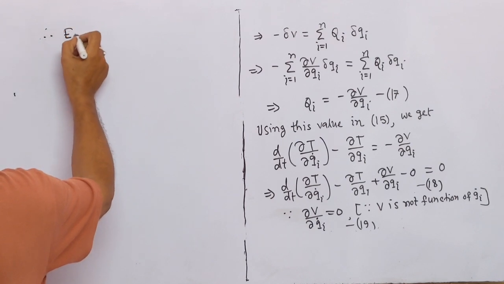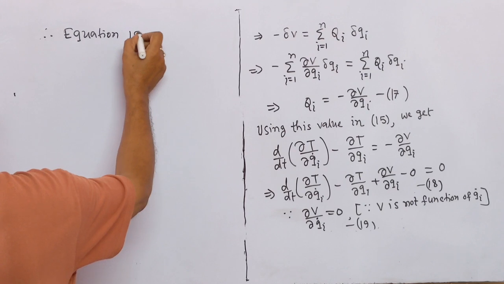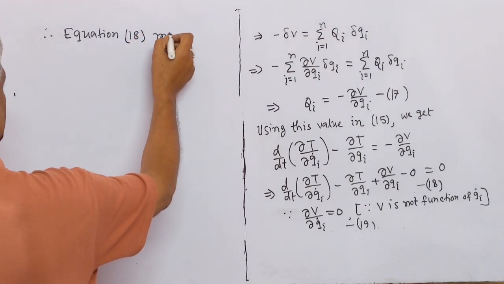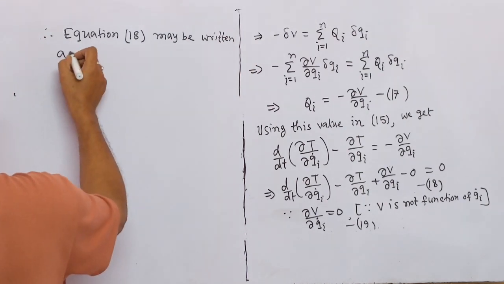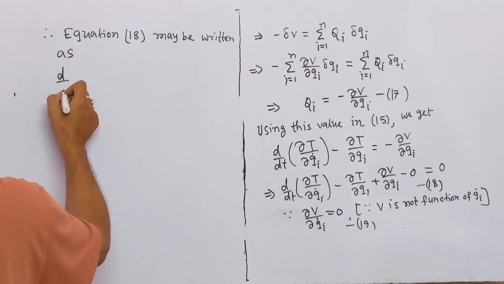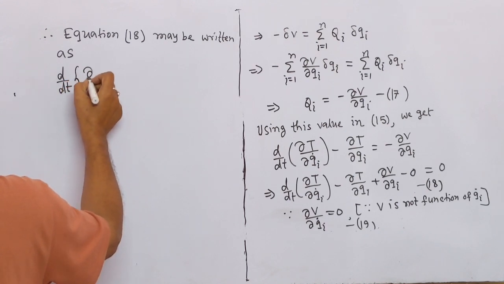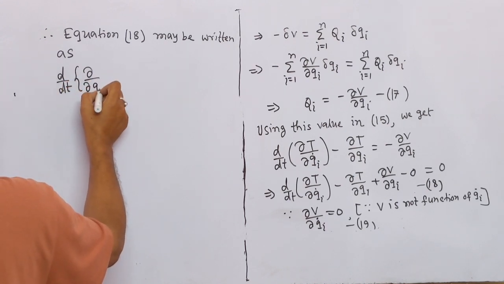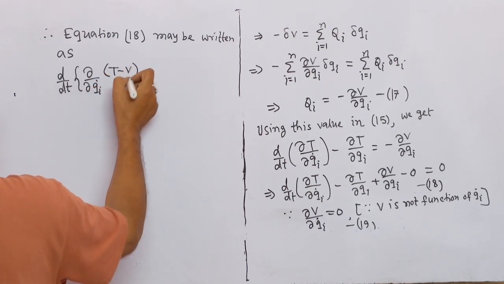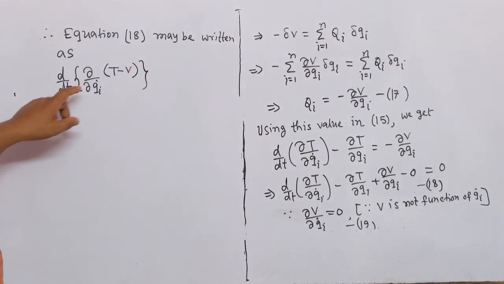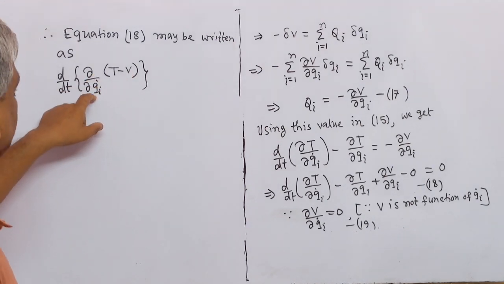Therefore, equation 18 may be written as d by dt partial derivative with respect to qi dot of T minus V. Here partial derivative of V with respect to qi dot is 0.